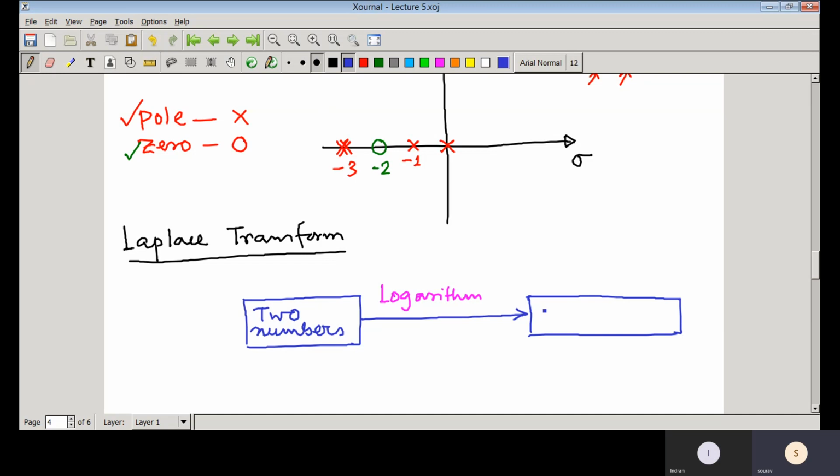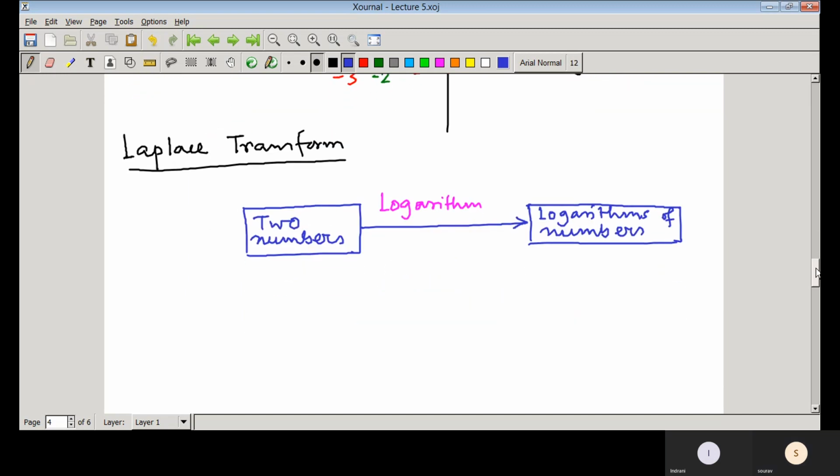So it is the logarithm of numbers, not function. Now, whenever it is a product of these two numbers, then the logarithm of numbers basically gives you that addition.